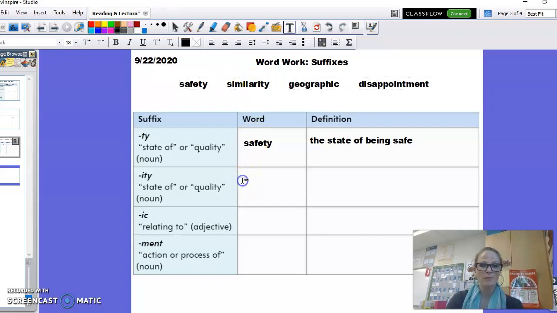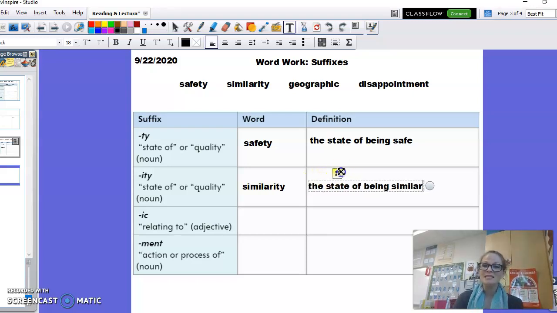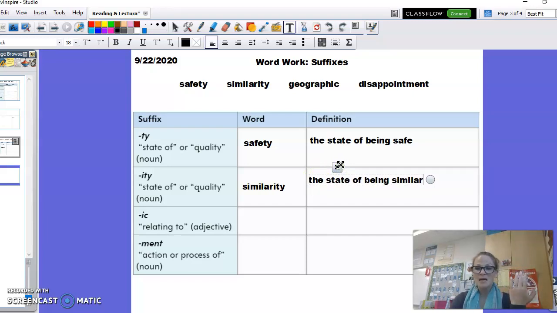So here I'm going to write that my word is similarity, but the definition would be the state of being similar. So if I were to say there is a similarity between me and Greg, we both like to read. So the similarity, the state of being similar, is that we both like to read, right?